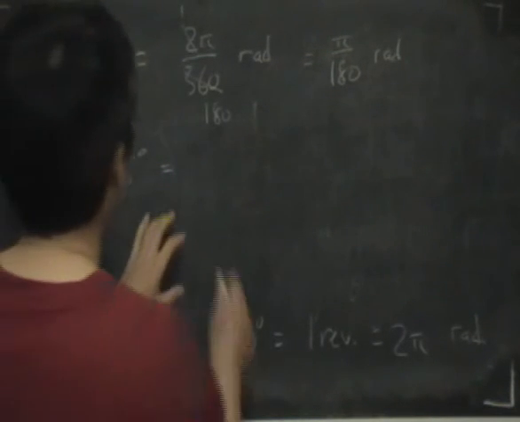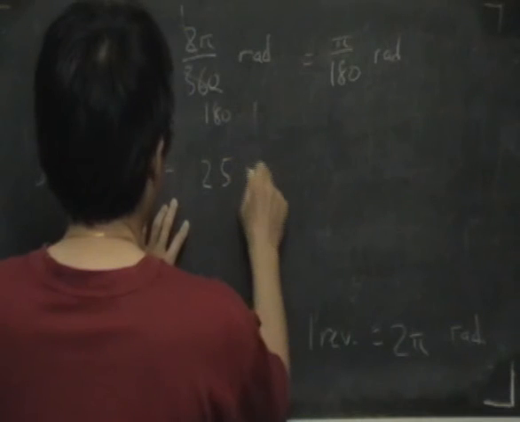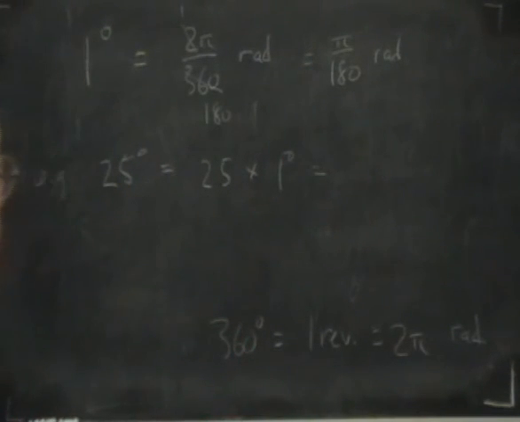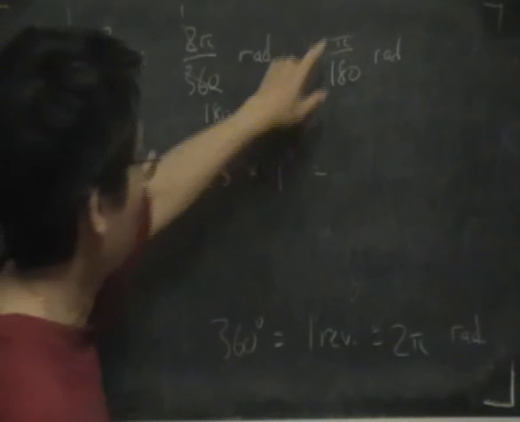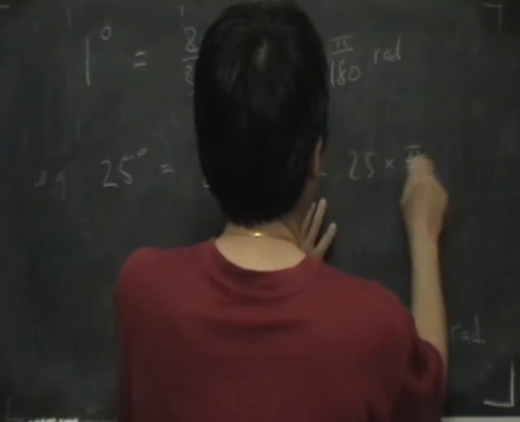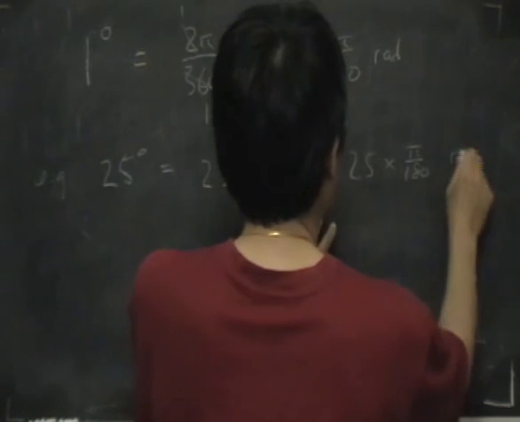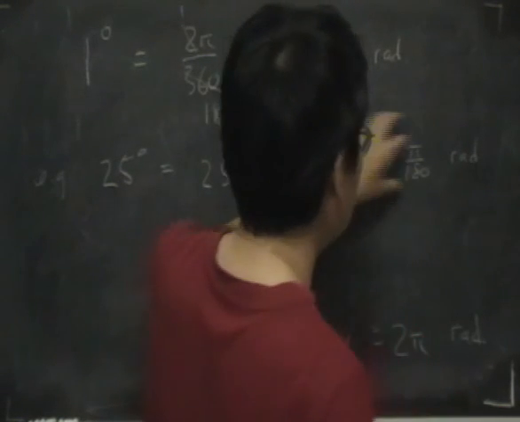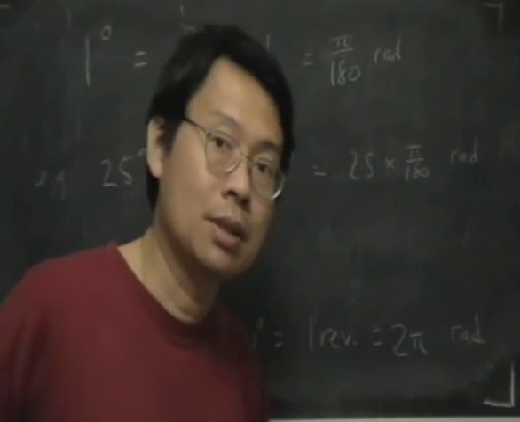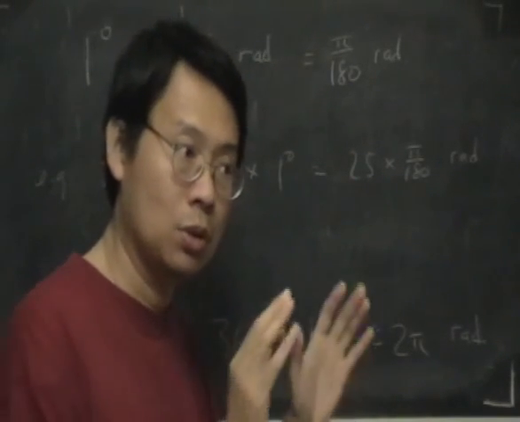So 25 degrees is 25 times 1 degree, right? And 1 degree is pi over 180, so 25 times pi over 180 of a radian. And then you can simplify that on the calculator. So that's how we calculate the radian, if you know the degrees.